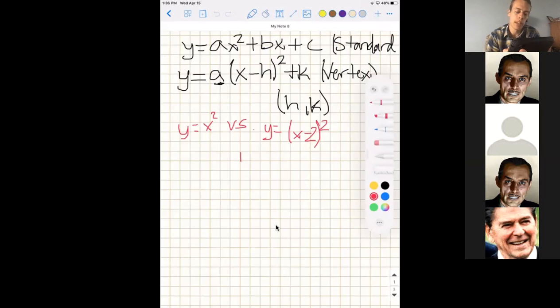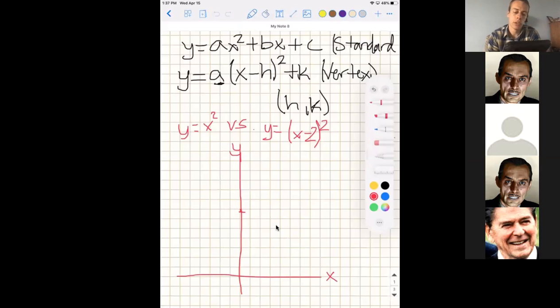If we think about a graph of these functions, can you guys start shouting out some values? I'll put our x-axis down here and our y-axis up here.